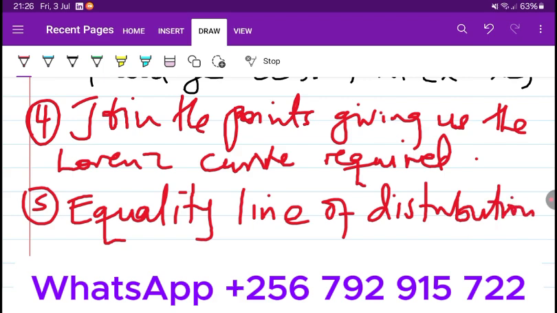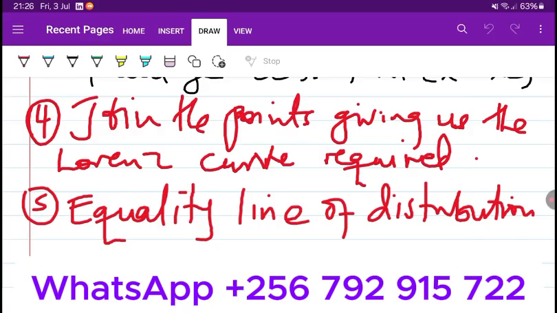And of course, this equality line of distribution is always shown whenever we draw a Lorenz curve, because it's the one that is going to show us where the economic variable is shared, and we see whether it has been shared equally among the subjects or the different variables that we are trying to plot.